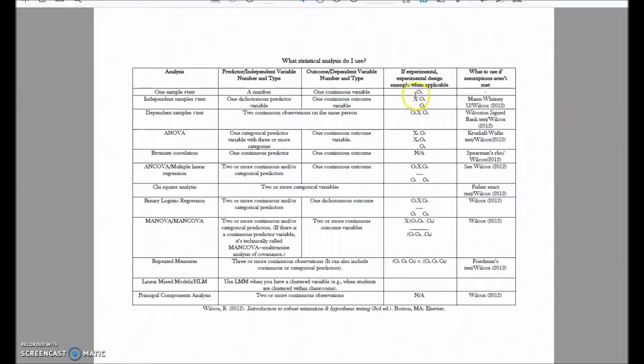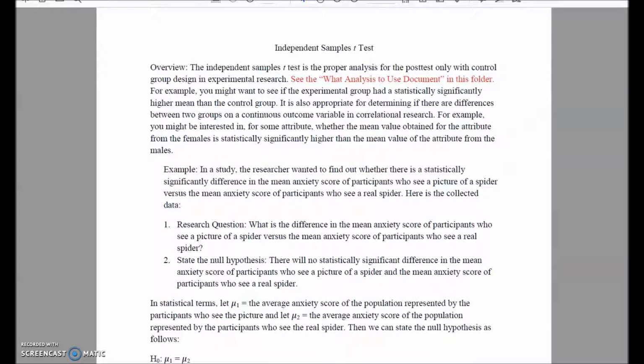In one group you do something, an intervention, and then you measure it, and in the other group you don't do anything, no intervention, and then you measure it. So the group shown the picture of the spider could be my control group, while the group shown the real spider, the X that I am bringing in, is the intervention, and then I measure that group. So this is a control group and experimental group type of situation.